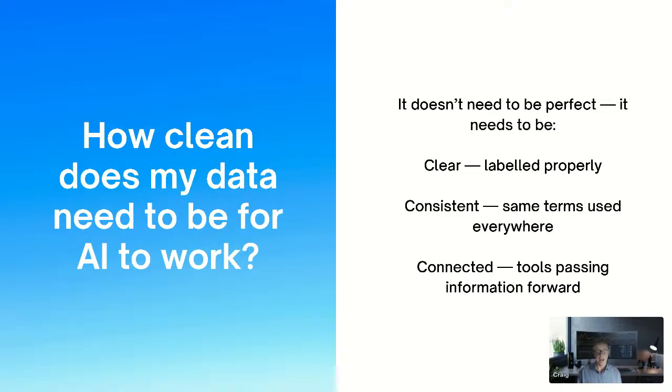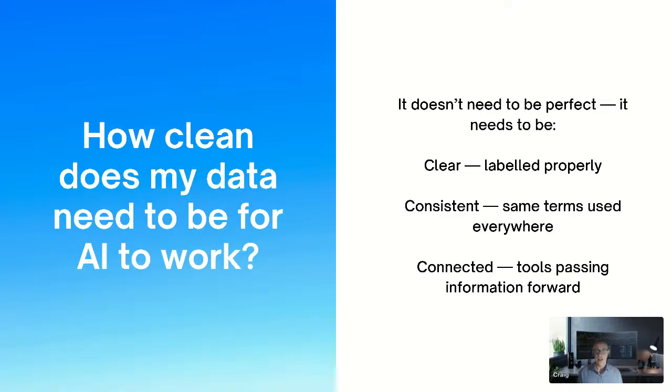Second question is, how clean does my data need to be for AI to work? It doesn't need to be perfect, but it needs to be clear. It needs to be labeled properly. It needs to be consistent so that the same terms are used everywhere, and it should be connected so that data can pass through various tools from one section to another.